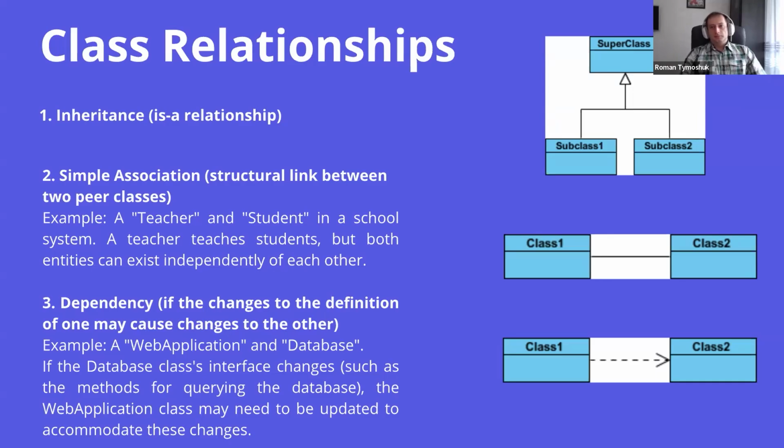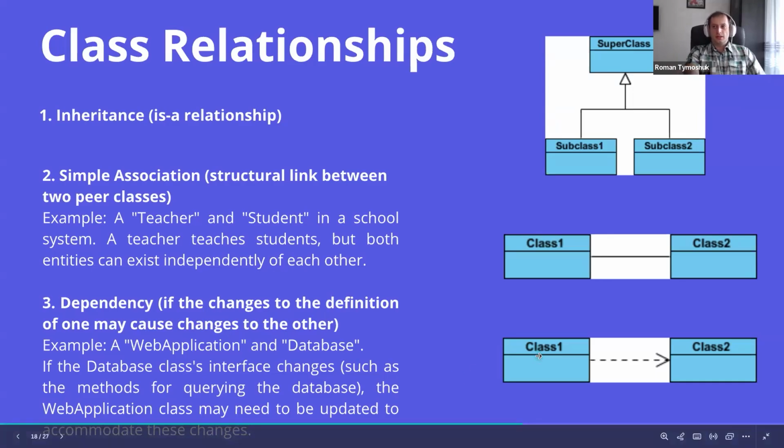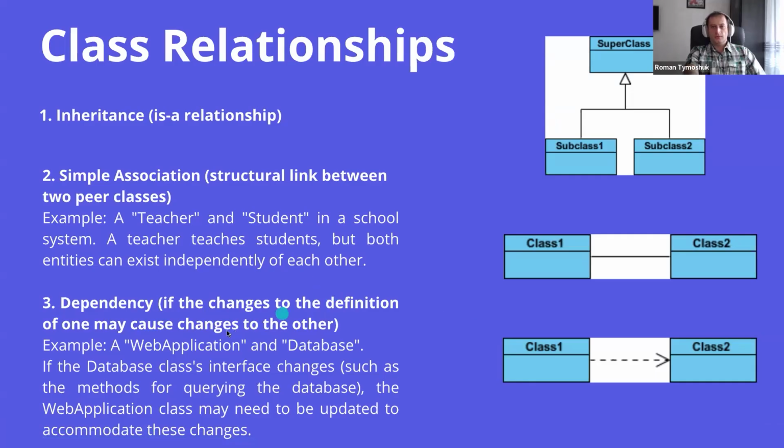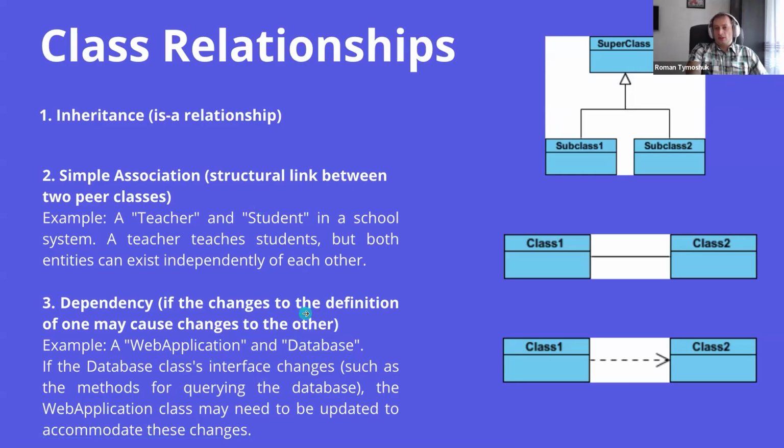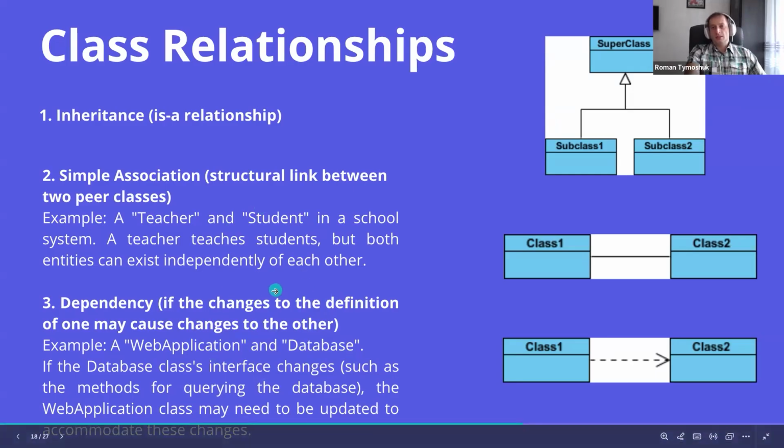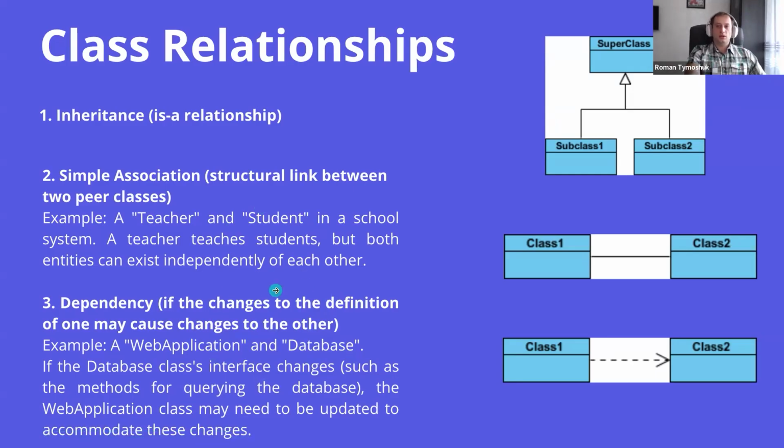And dependency. Here in the third example, you can see class 1, class 2. If the definition of one changes, it may cause changes to the other. So we have a web application and a database. If the database class interface changes some of its methods, the web application class may need to be updated to accommodate these changes.